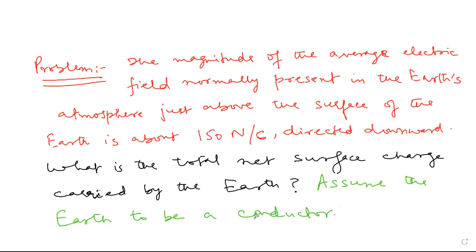Let me check it, then we will discuss the solution. The problem says the magnitude of the average electric field normally present in the Earth's atmosphere just above the surface of the Earth is about 150 Newton per Coulomb directed downward.